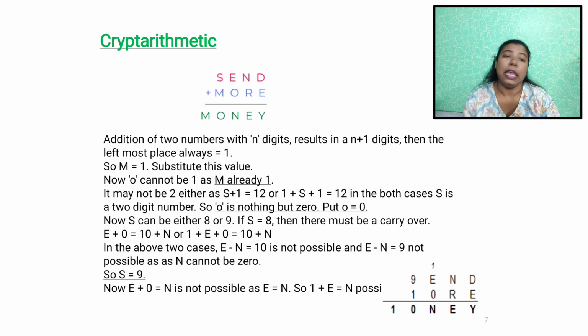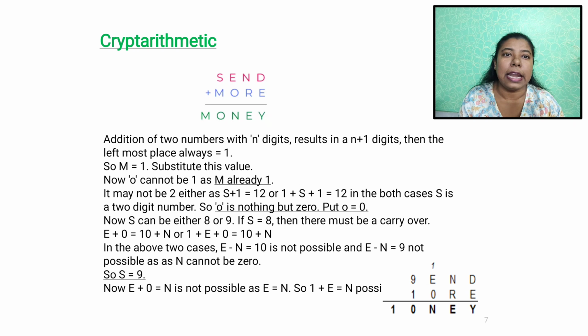So what is the condition? If we put O equals to 0, what will happen by that? I would like to check it out. If we put O equals to 0 in this line, M equals to 1, S equals to 0. That means whatever the value of S, we can consider, we have already used two values, 0 and 1. So what do we have left? 2 to 9.